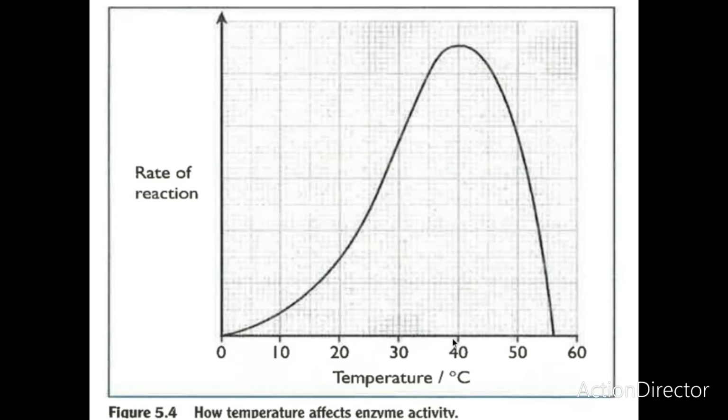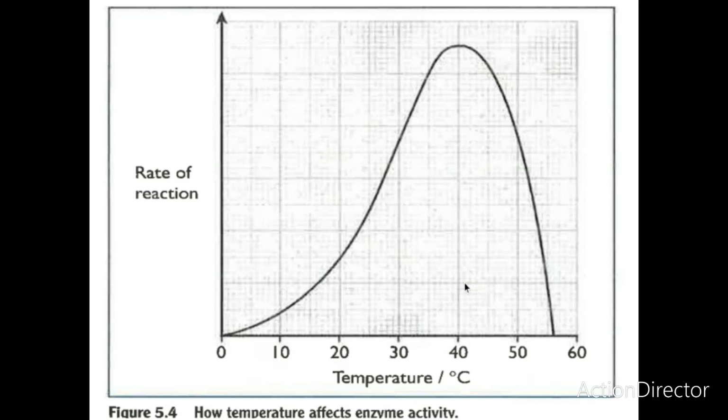So in this graph, we can see that the optimum temperature for this enzyme is 40 degrees Celsius. So as the temperature approaches 40 degrees Celsius, the rate of the reaction increases. But as the temperature goes beyond 40 degrees Celsius, or the optimum temperature, the rate of the reaction decreases.